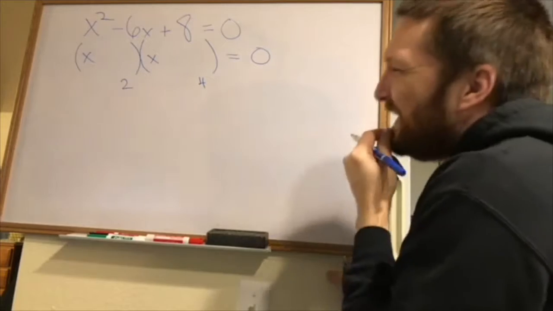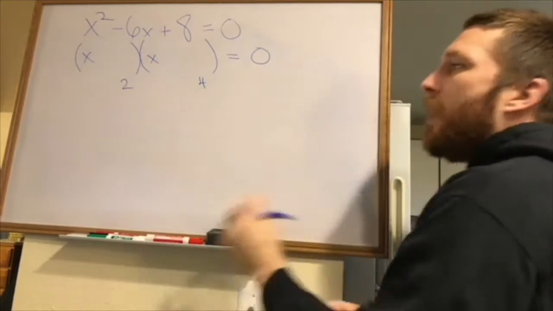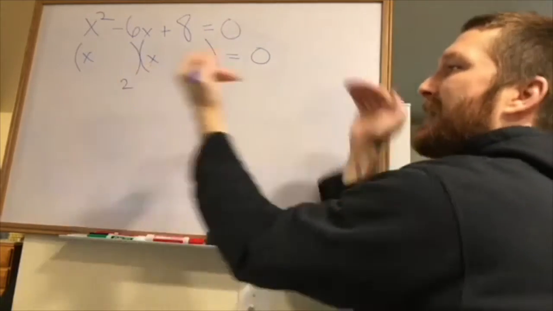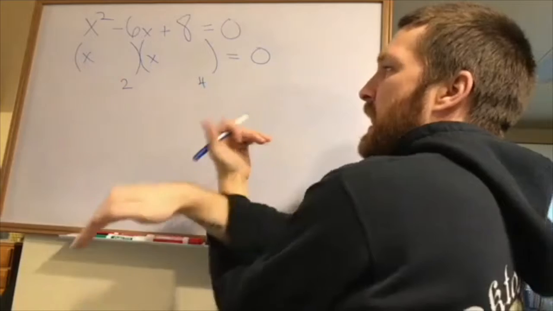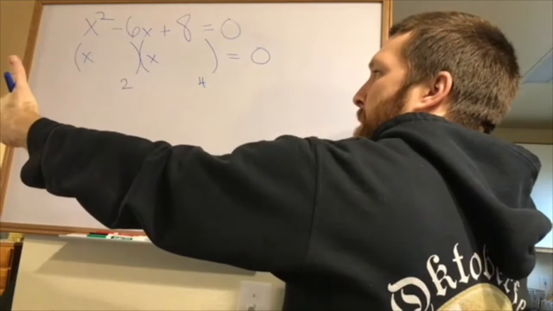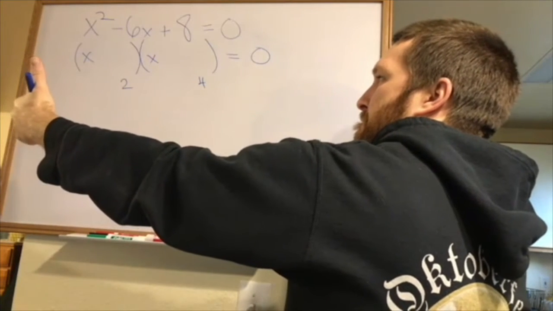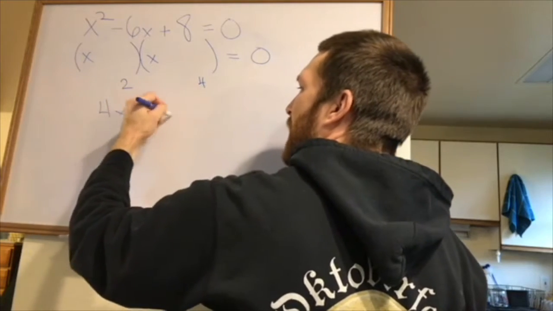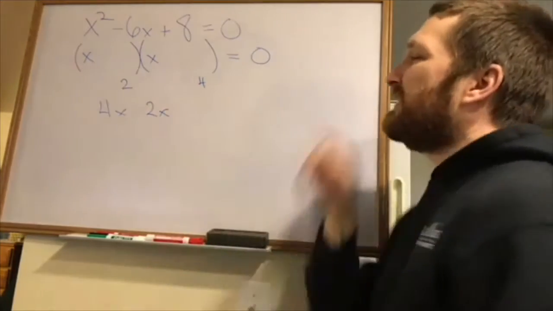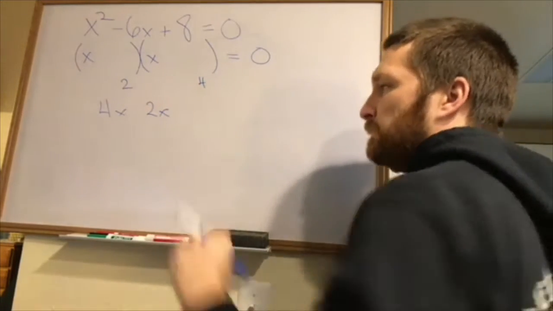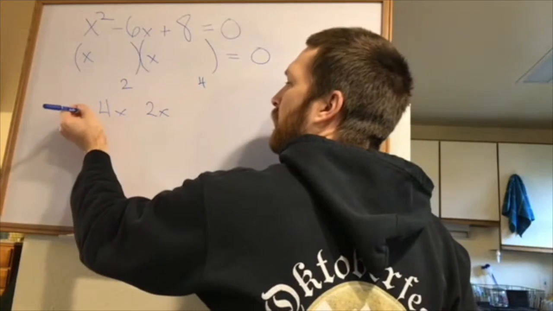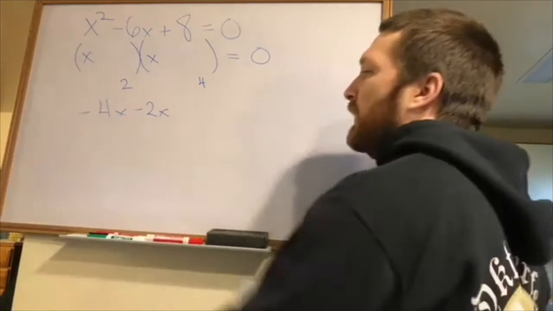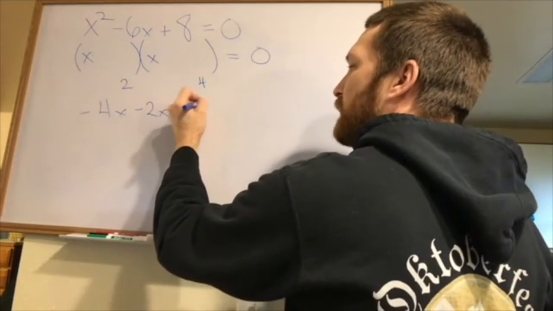So what will my outer and my inner multiplications give me? 4x and 2x. And how do I combine those to give me a minus 6x? -4 -2. Okay, so it looks like we should be good to go.